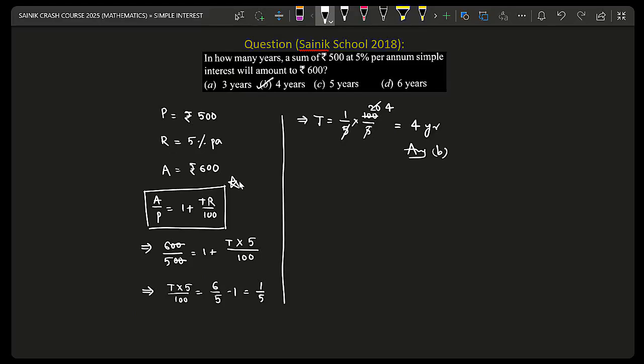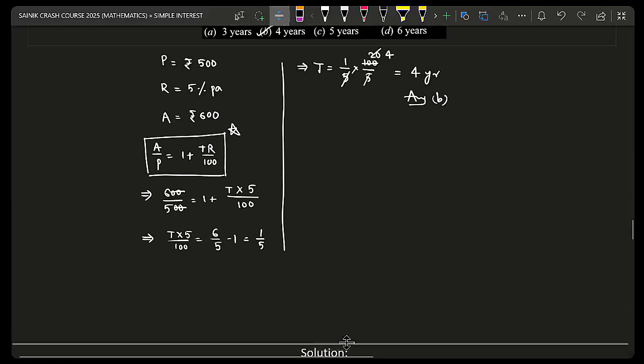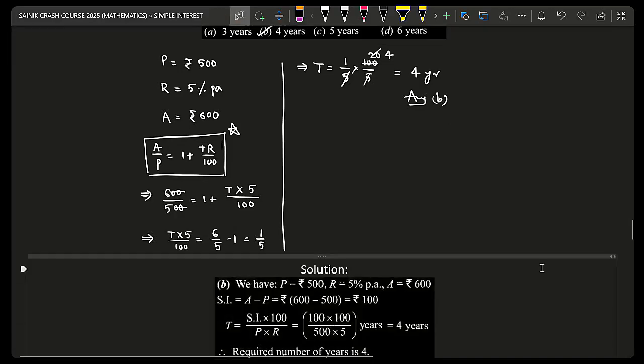Without using interest, we get the answer. In the textual solution, they first found the interest, and using interest they got the time period, still 4 years. But better than that, you can use this formula.